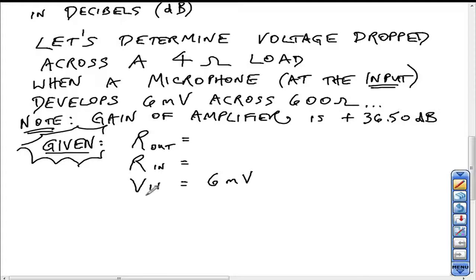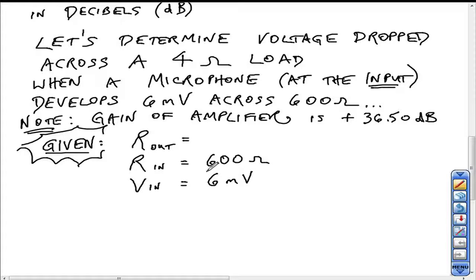Well, if V in is 6 millivolts, and we're developing that across a 600 ohm resistor, which resistor do you think 600 ohms is going to fall under? R in, right? Because when a microphone at the input develops 6 millivolts across, bingo, 600 ohms.